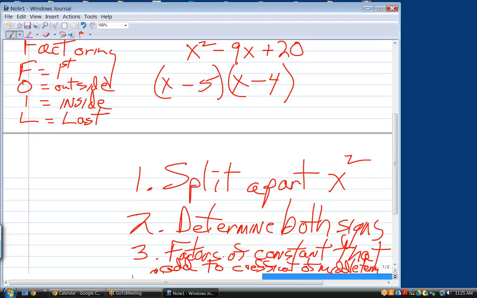Remember what my step 3 is: factors of the constant. So I know that that times that is going to multiply to 20. I don't have to check that answer. I should have checked it internally as I was doing it. The one term that is not clear is the middle term.